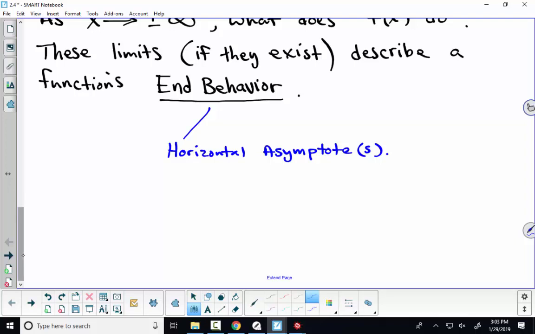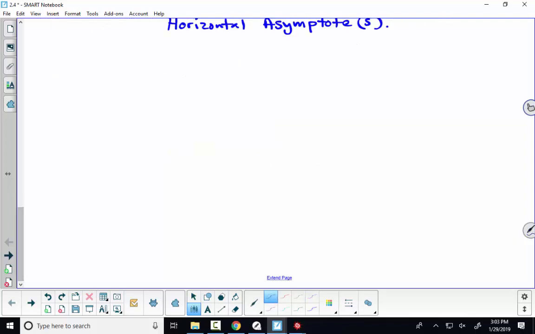And we alluded to this last class, I believe. An example of a function that has 2 horizontal asymptotes is the inverse tangent, or sometimes you might see that as arctangent.